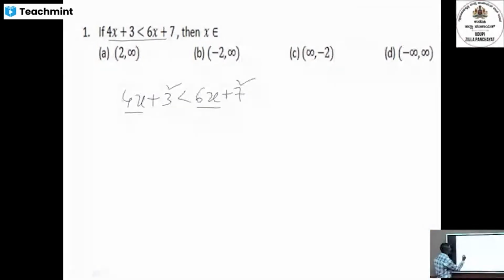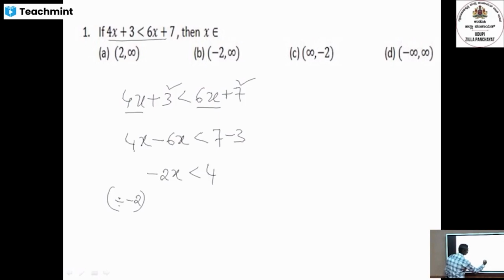So this becomes 4x minus 6x less than 7 minus 3. Now what is 4x minus 6x? It is minus 2x less than 4, and we will divide by minus 2. When you divide, what happens to the inequality? The inequality reverses.